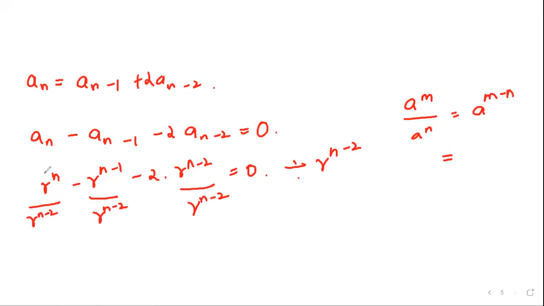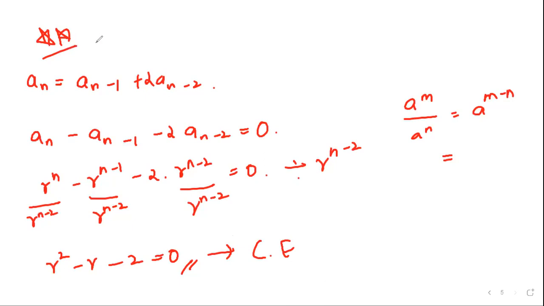When this power goes to the numerator, the signs will change and we will have over here r square minus r minus 2 is equal to 0. This is how you get the characteristic equation. I hope you remember this from our earlier theorems. I may have probably taught this only in theorem 1. The same methodology needs to be followed for all the theorems till theorem 6.